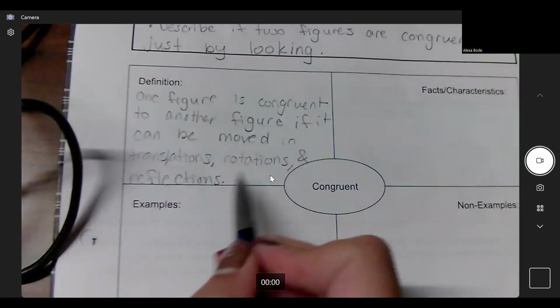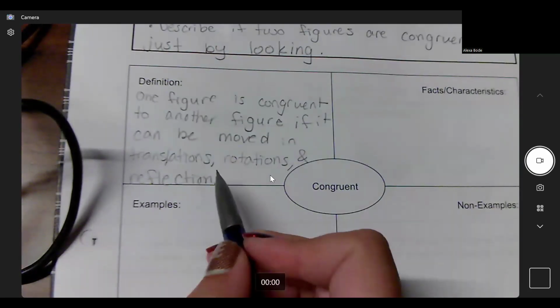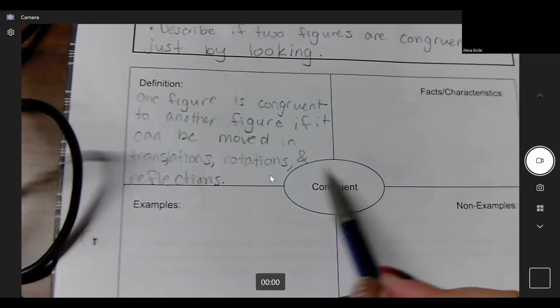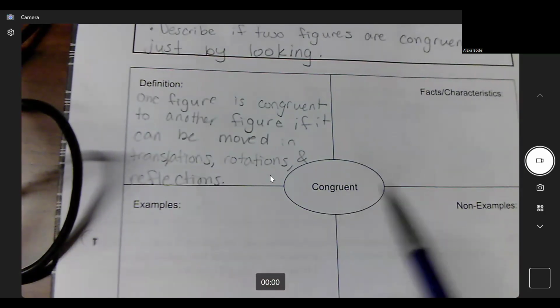We call these three transformations rigid transformations because these three are what keeps a figure congruent.